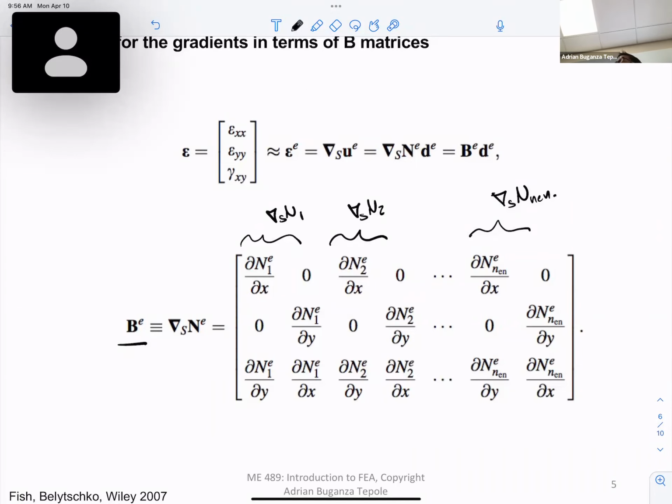So what is the size of this matrix? Well, if it is a triangle, there are 3 nodes, so this would be a 3×6. For triangles, the B E is 3×6.